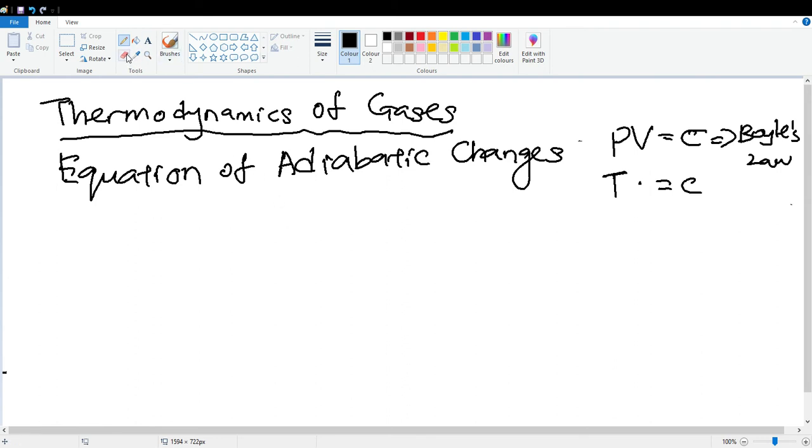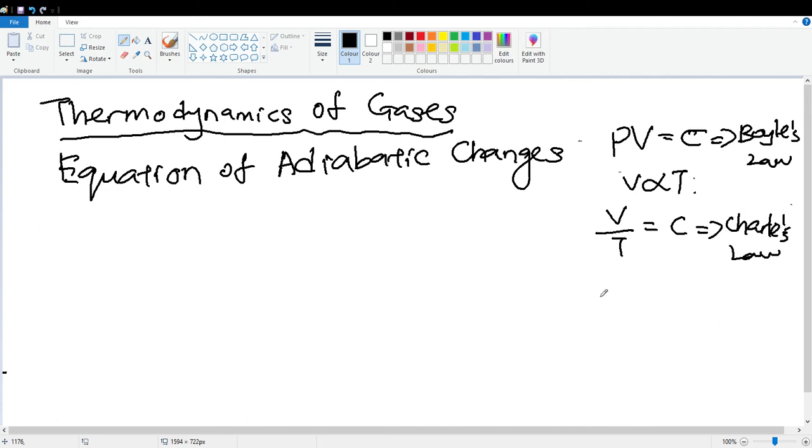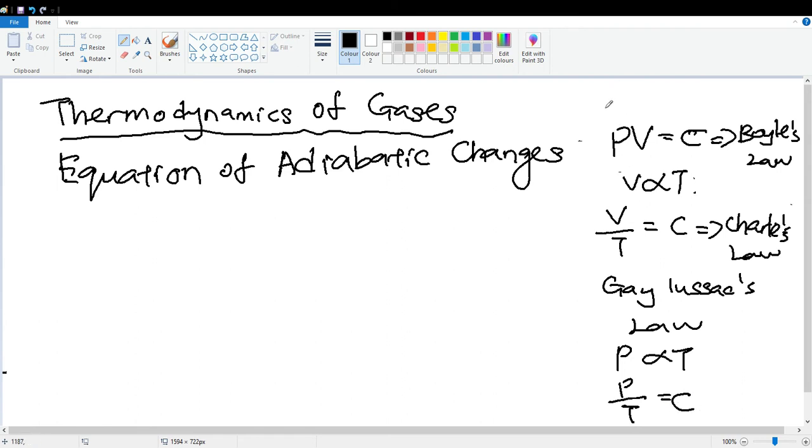Charles' law states that V is directly proportional to T, and hence V over T is equal to a constant. And as for Gay-Lussac's law, the pressure is directly proportional to T, and P over T is equal to a constant.